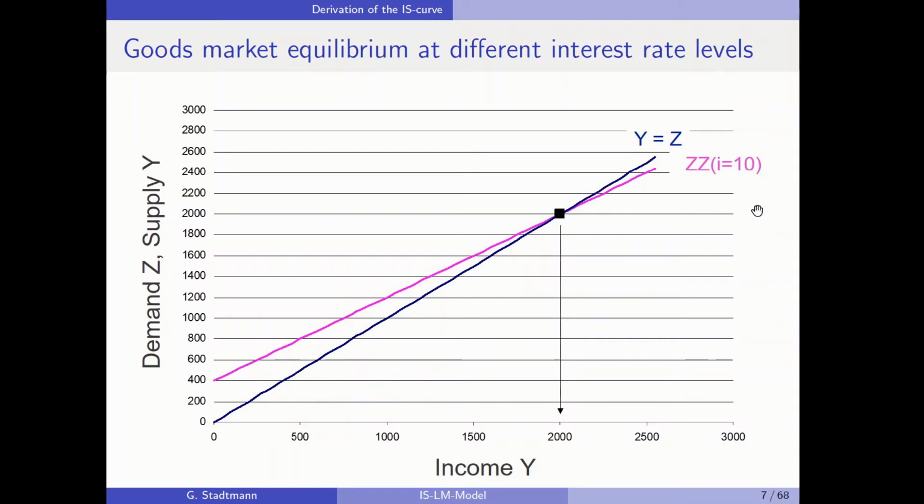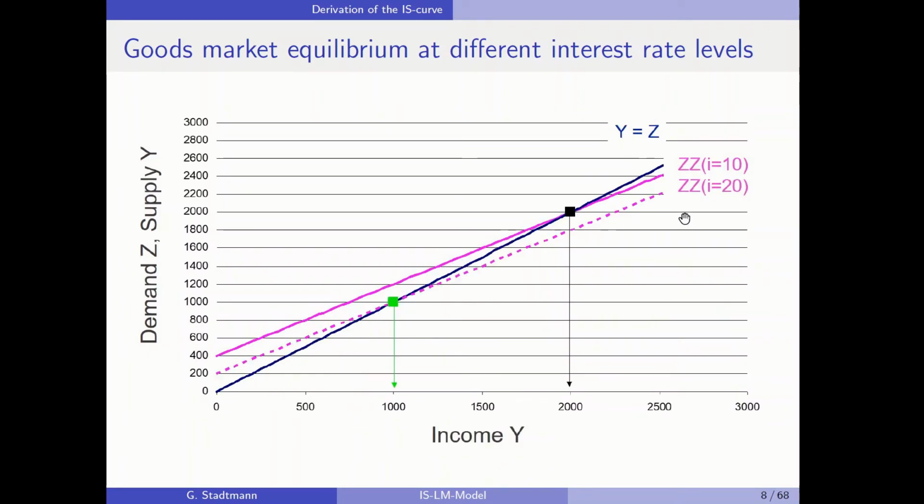So the pink curve symbolizes the demand relationship in case the interest rate is equal to 10. What is the equilibrium income level? We have to look for the intersection, and here the equilibrium income level is equal to 2000.